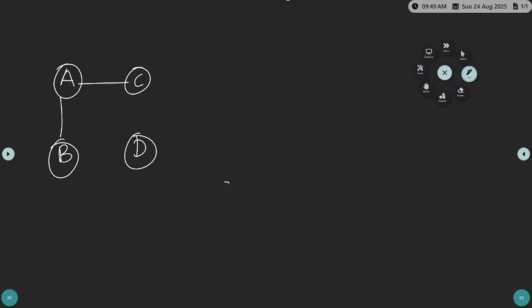It is a subset of a graph that does not form a cycle, and it cannot be disconnected.